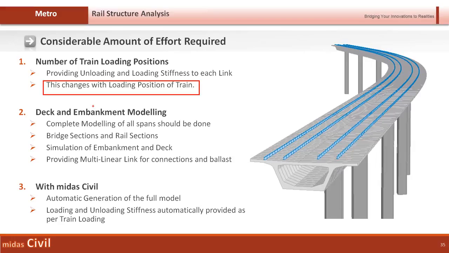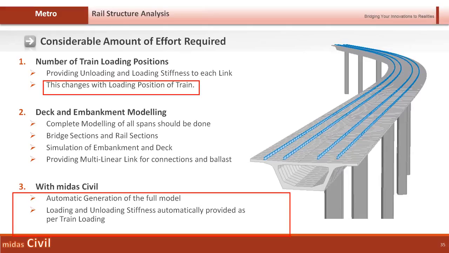So how does Midas Civil fit into all these considerations? How does it help an engineer choose what to do with the solution that is there? Midas Civil will automatically generate the full model for you. The modeling, which requires around a day or 2 days or 3 days for different models, Midas Civil will automatically generate. Also, the loading and unloading stiffness will be automatically provided as per train loading.